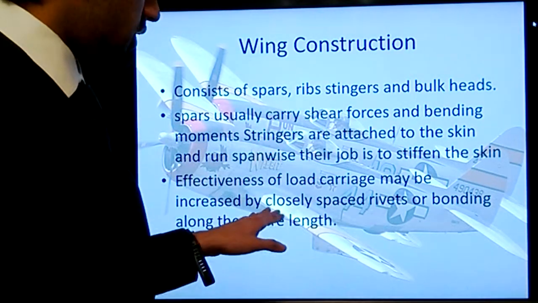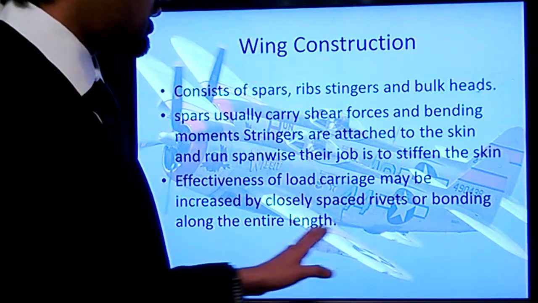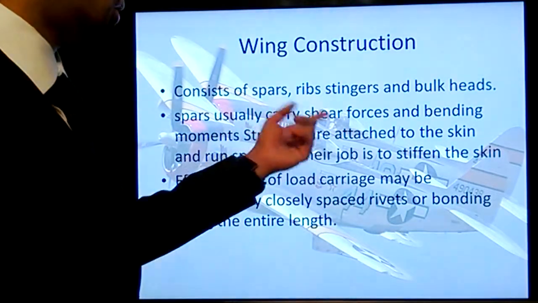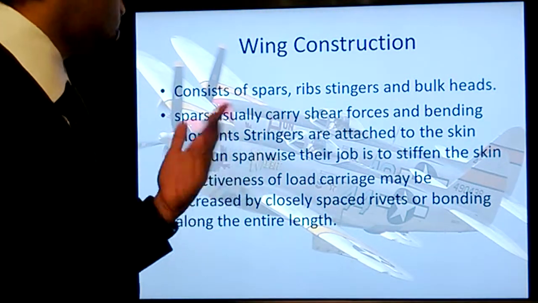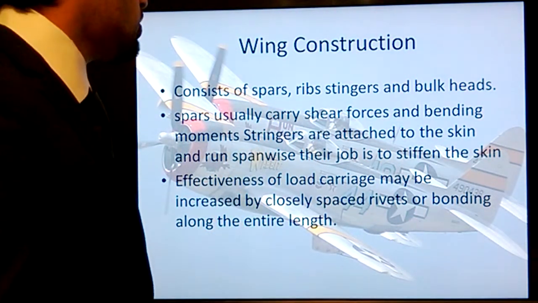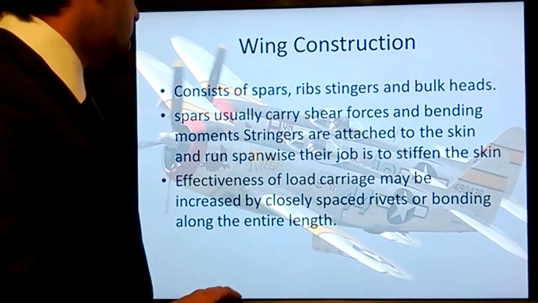The stringers overlay the spars and the ribs, and the bulkheads, which are actually closed ribs. The spars carry all the shear forces and the bending moments. The stringers are attached to the skin, run spanwise, and stiffen the skin. The effectiveness of the load carried may be increased by closely spaced rivets or bonding along the entire length.